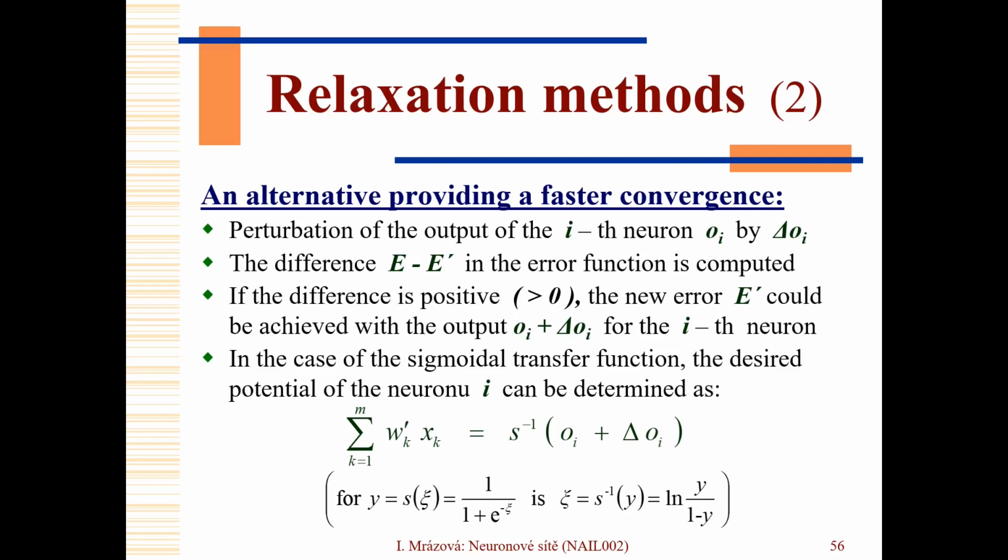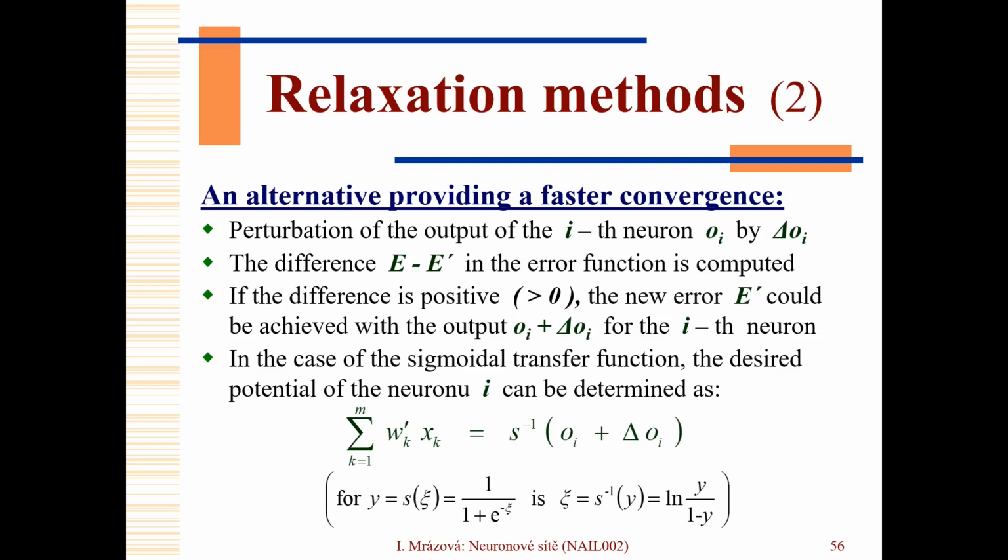The approach taken at slide 55 is rather slow because for each weight adjustment we have to select randomly the particular weight, alter it, and look for the change in the error function, and only afterwards the particular update is done. An alternative approach providing faster convergence would be to perturb the output of some neuron i, and thus to the actual output Oi we add some term delta Oi.